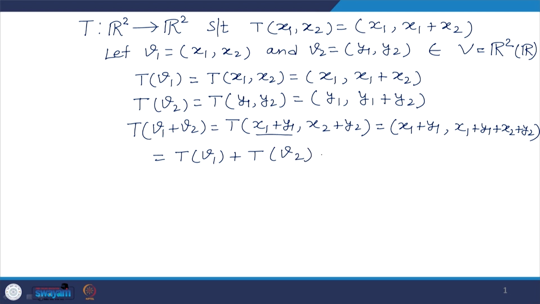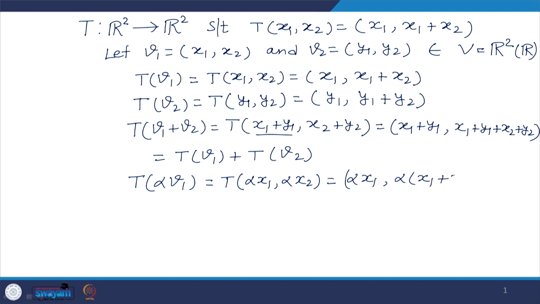So, the first condition of additivity is satisfied. Now, T of alpha times V1 is T of (alpha x1, alpha x2), this becomes (alpha x1, alpha times x1 plus x2), and this is alpha times T of V1, because T of V1 is (x1, x1 plus x2) and you are multiplying both components by alpha.